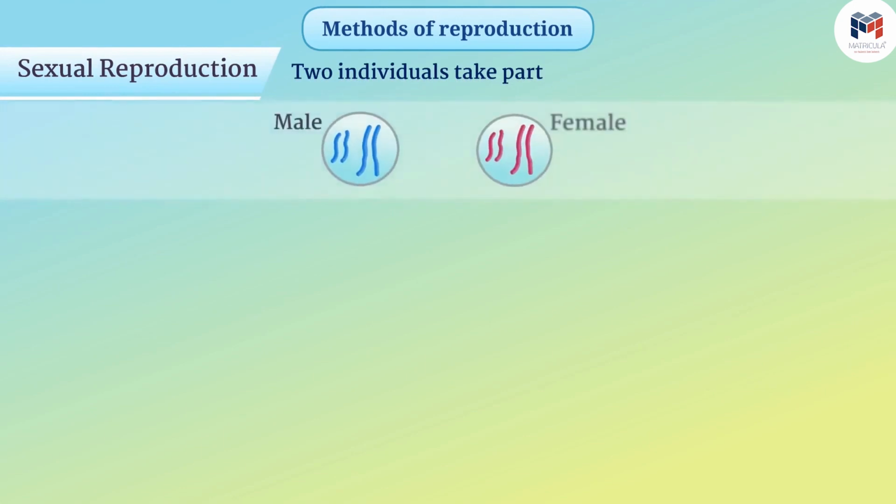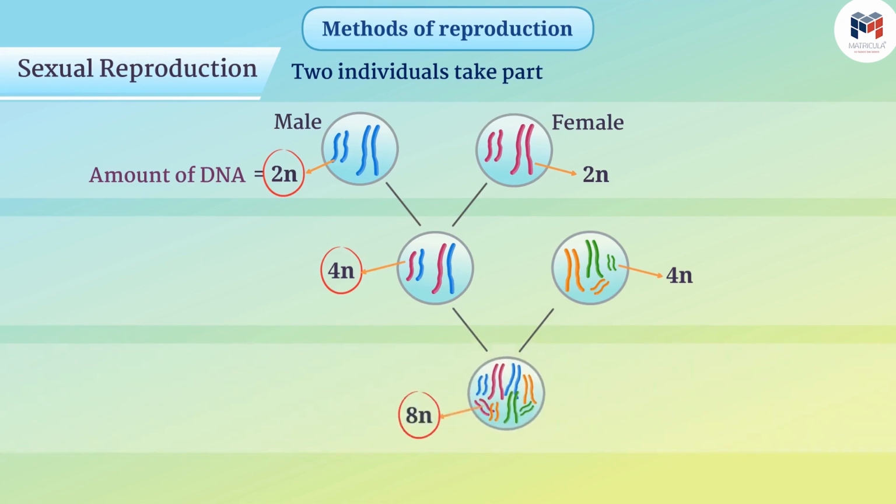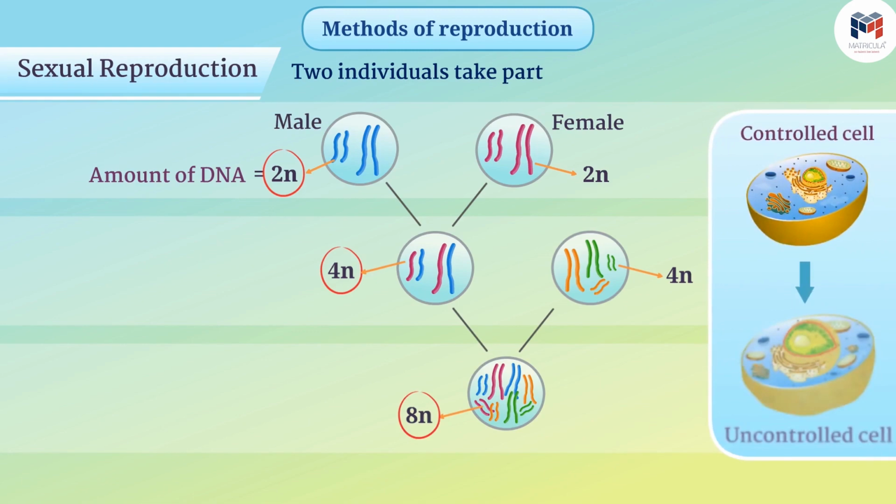If male and female both take part in sexual reproduction, then the amount of DNA that the offspring get will be twice that of the individual DNA. Therefore, the amount of DNA goes on increasing over generations. Because of this, the control over cellular organization might reduce.